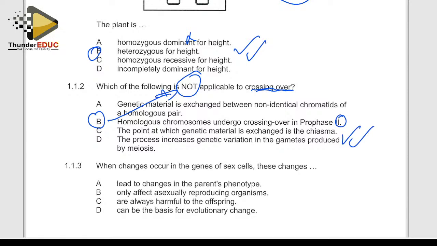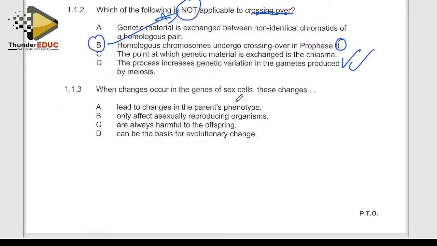Then we go to the next question. They are saying, which changes occur in the genes of the sex cells? These changes lead to changes in the parent phenotypes. No, what happens in the sex cells in terms of genes does not change the genotype of the parent, so this is wrong.